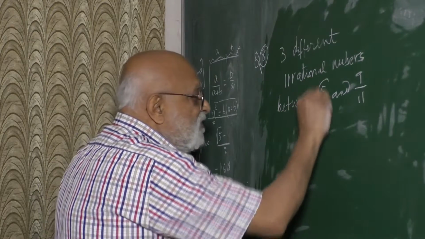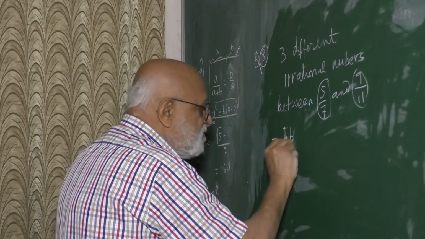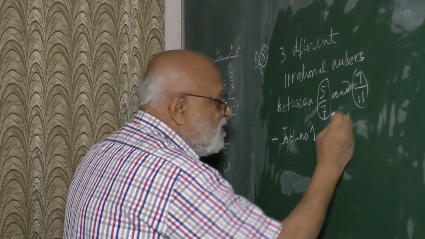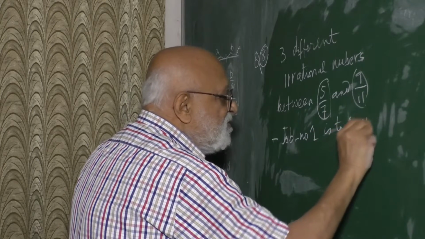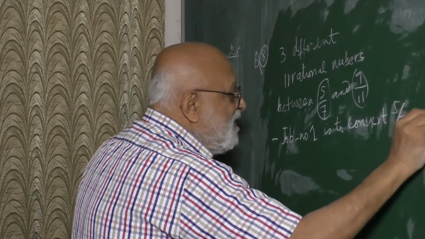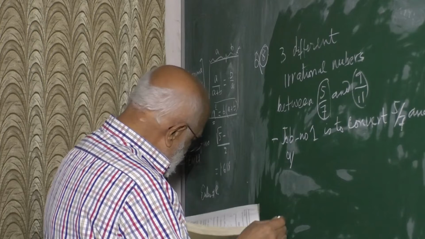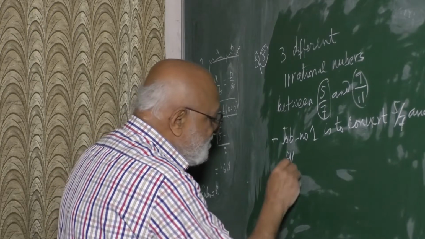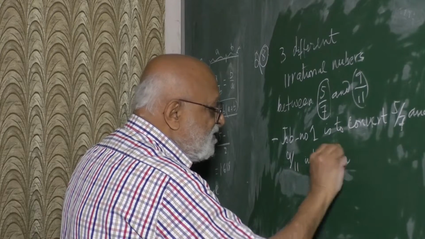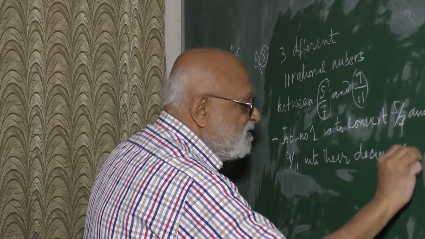First job, number 1, is to convert 5/7 and 9/11, not 7, 9/11, into their decimal expansions, right?